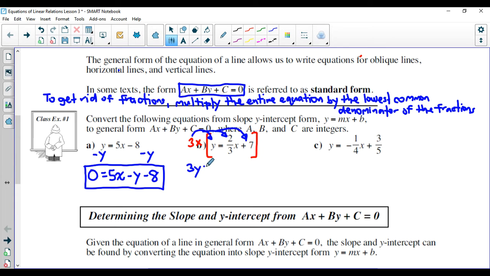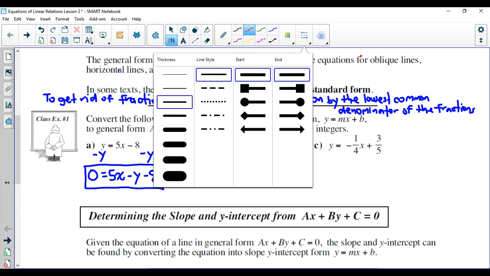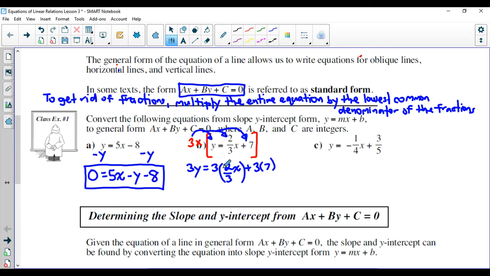So if we expand this out, 3 times y would be 3y, and then 3 times, we'll just write it right beside this fraction here. So we're going to go 3 multiplied by 2 over 3x, and then plus, we're going to multiply this 3 by the 7, so 3 times 7.